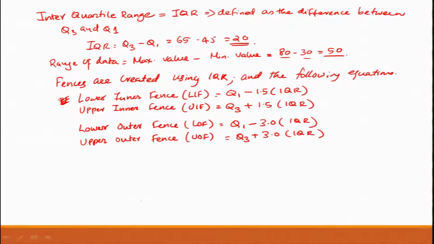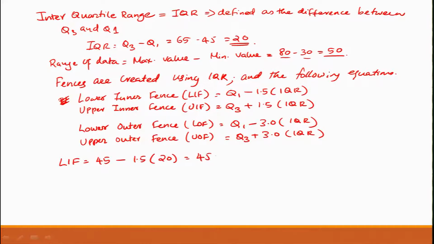If you visualize this, you already know the values of Q1 and Q3. In our case, LIF is equal to Q1, which is 45, minus 1.5 times IQR, which is 20.